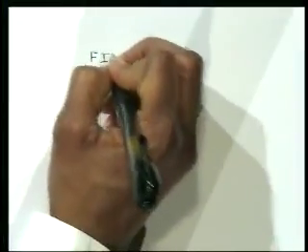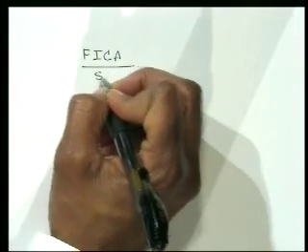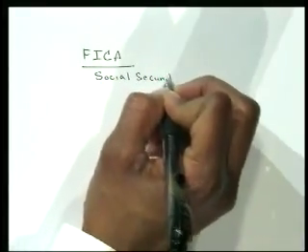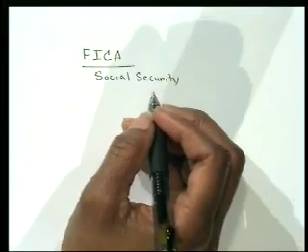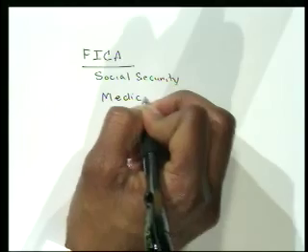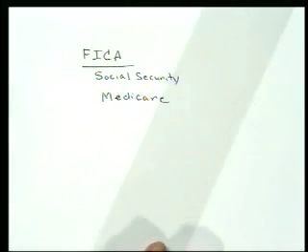So we have FICA. There's two parts to FICA. Sometimes people will see it on their paycheck, or they may see it separated out. It's separated out on your W-2s when you get it at the end of the year. But you have the Social Security portion of it, and then you have the Medicare portion of it, because there's a difference between Medicaid and Medicare.